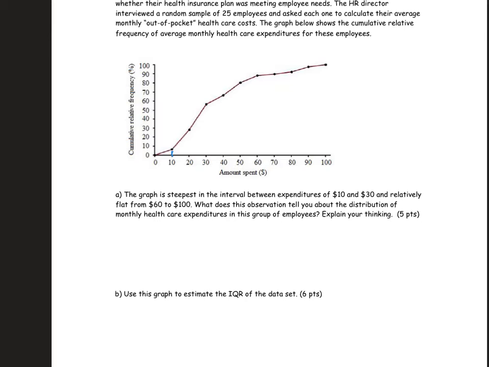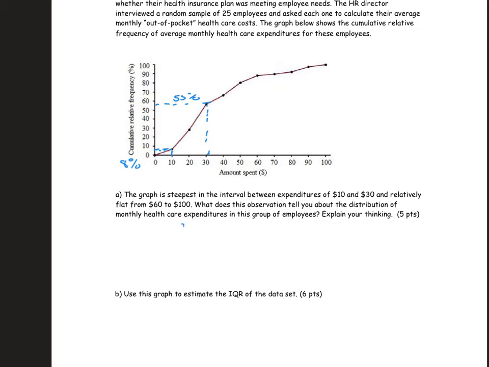So it's saying between 10 and 30, the graph is the steepest. It's going up much more quickly. It's much steeper than the other parts of the graph. So at 10, I would say it's about 8%. And then at 30, we just said it was about 55%.